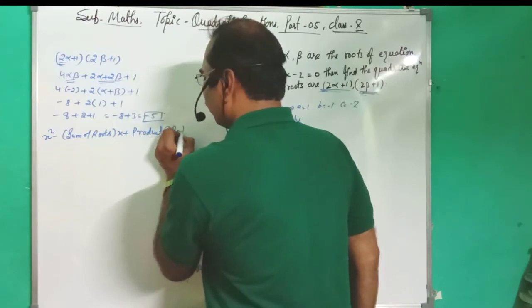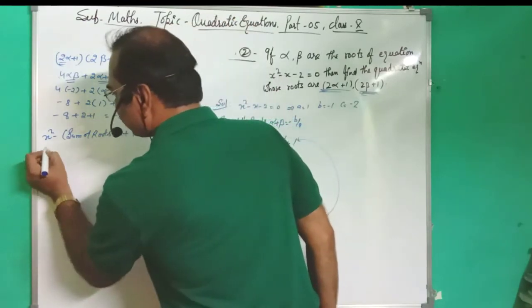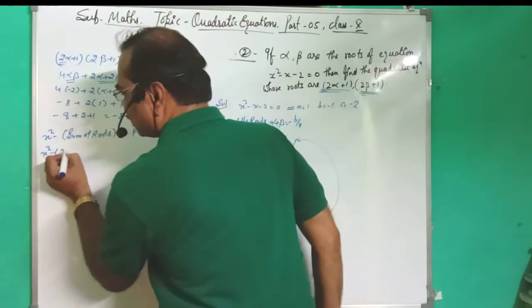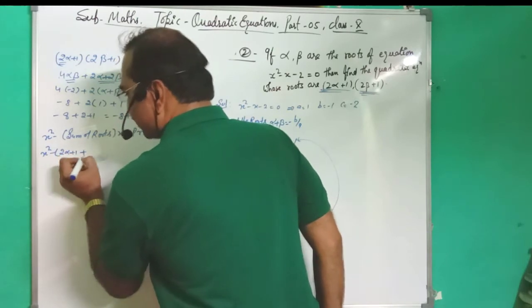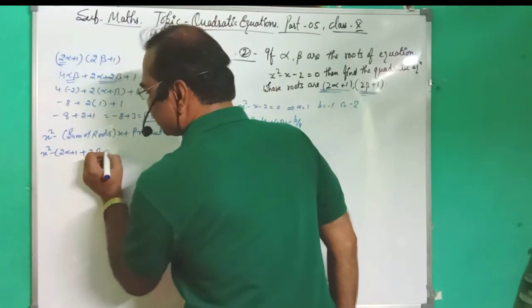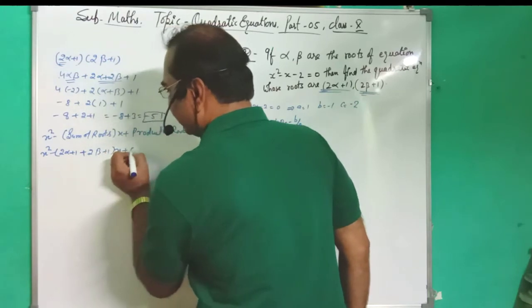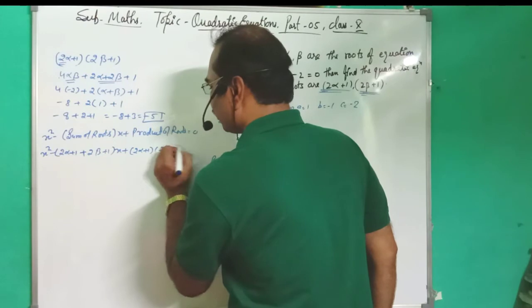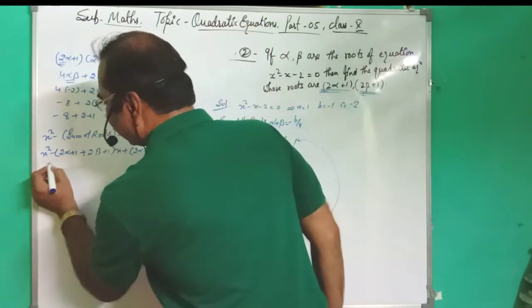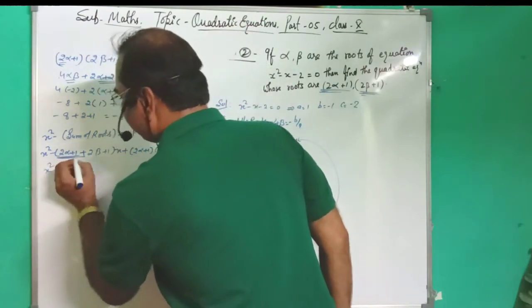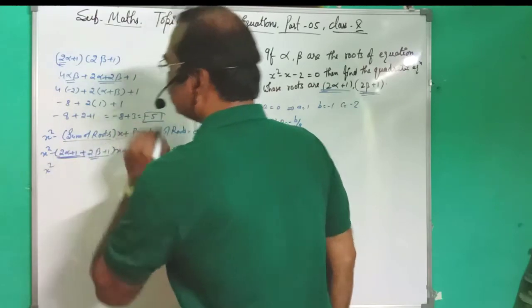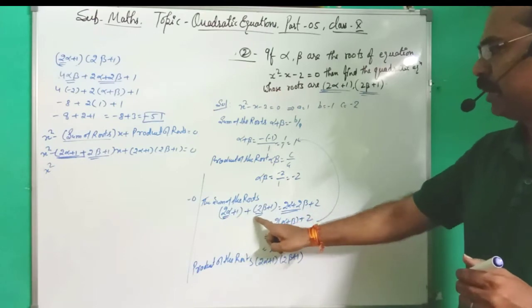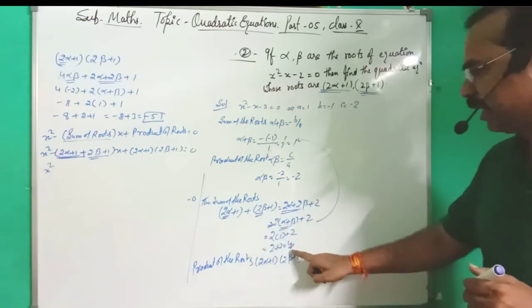Okay students, now the sum of the roots, 2 alpha plus 1 plus 2 beta plus 1, we found the value is 4.